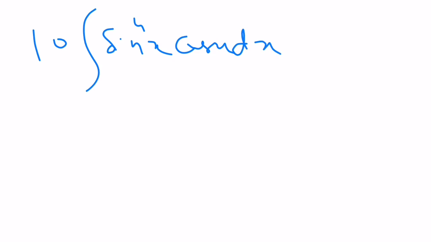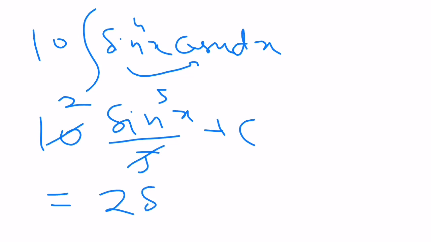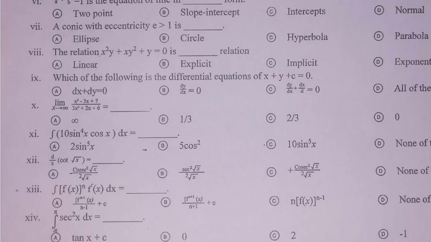We know that the derivative of sin is cos, so by the rule this is equal to sin power 5 divided by 5 plus some constant. 10 divided by 5 is 2. So the integration is equal to 2 times sin power 5 x plus c. The correct option is A.